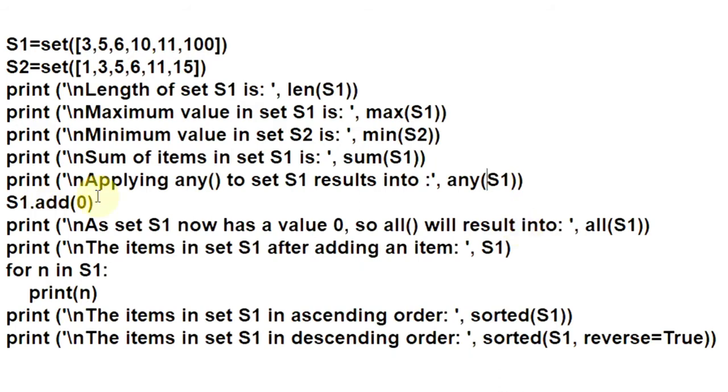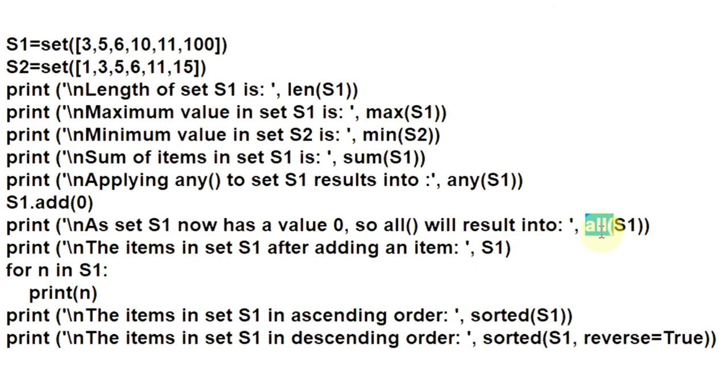As we have learned, once a set is created, you can only add elements to it. So I am adding 0 to S1. So 0 is added to this set, right? Now I am invoking this all method. Any was giving you true if even a single true value is there in the set. The all method will get you true only if all the elements of a set are true.